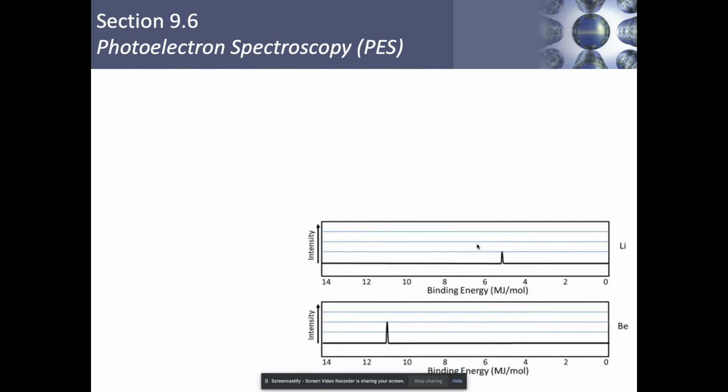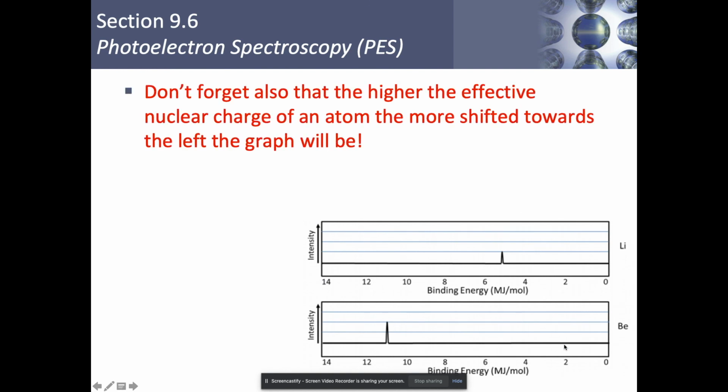Now, something else you should be aware of is that sometimes they'll have you compare PESs to each other. So this is lithium and this is beryllium. And don't forget something from a previous video, the higher effective nuclear charge or lower effective nuclear charge. The higher the effective nuclear charge of an atom, the more shifted towards the left the actual graph will be.